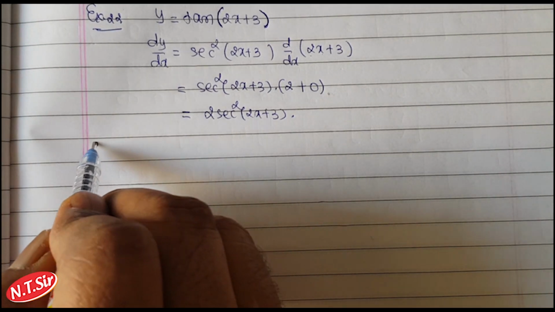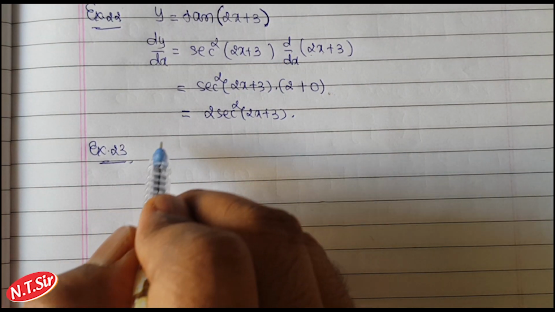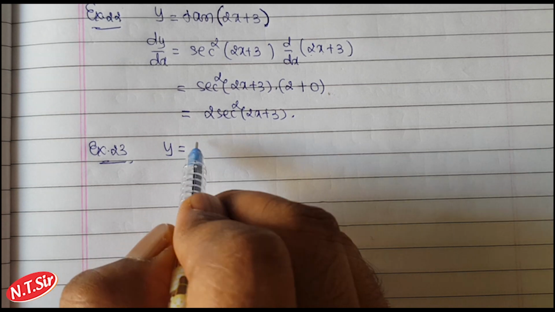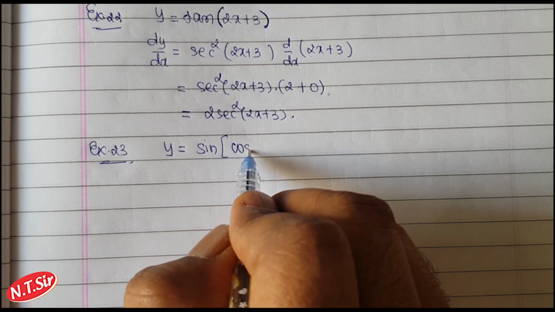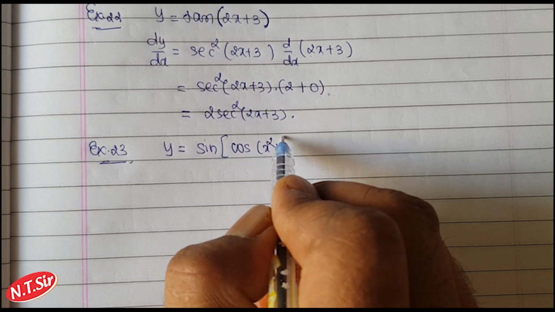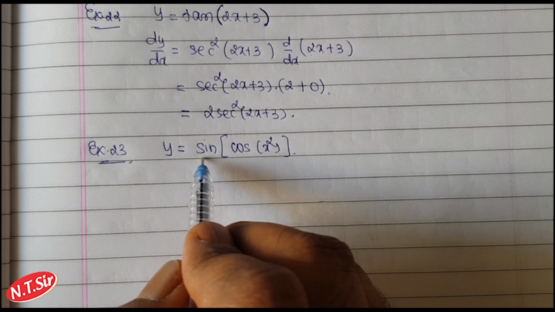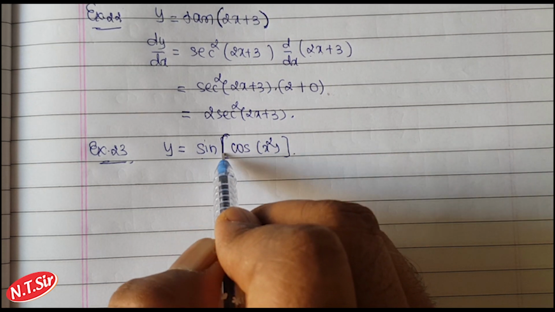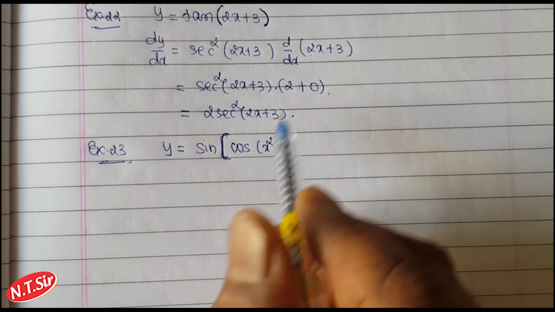Example number 23. It's given that y is equal to sine cos x square. So here first sine bracket, derivative of sine bracket is cos bracket.